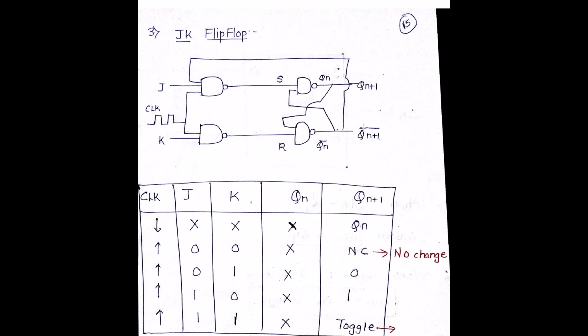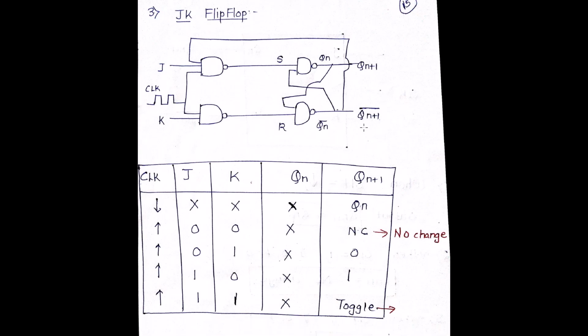If you look at the truth table over here, this is the truth table for a JK flip-flop. So what happens is that you have a clock signal in which you have low, high, high, high, high. The JK consists of 0 0, 0 1, 1 0, 1 1.